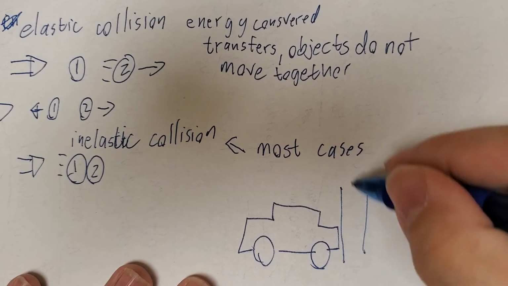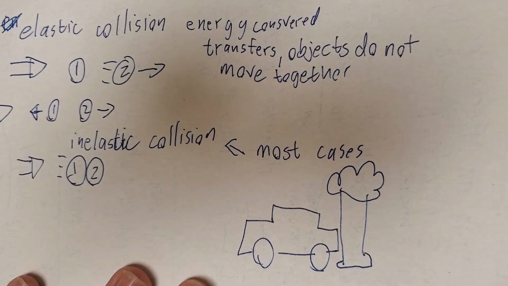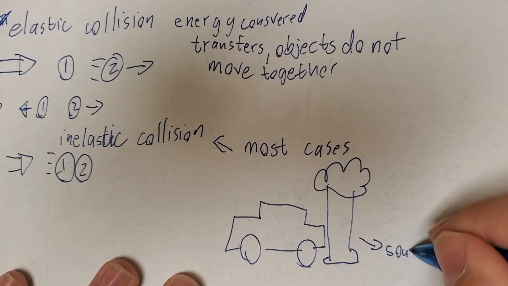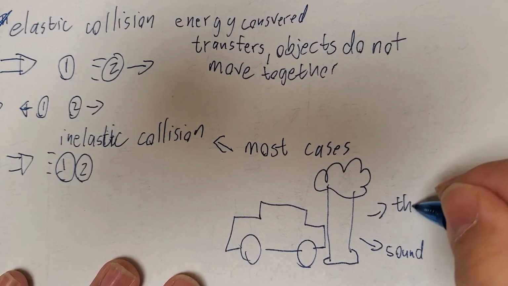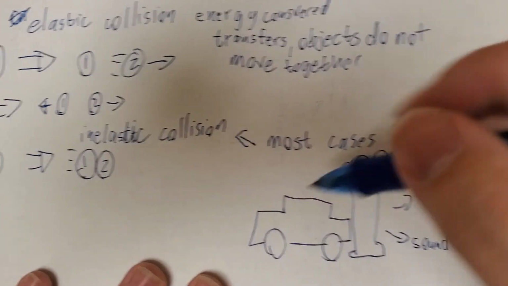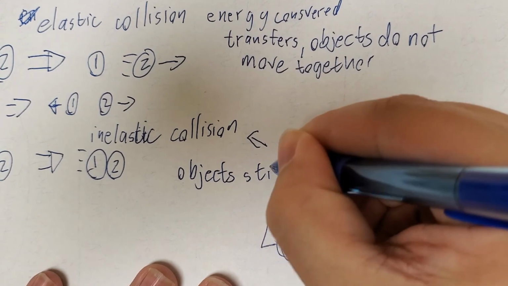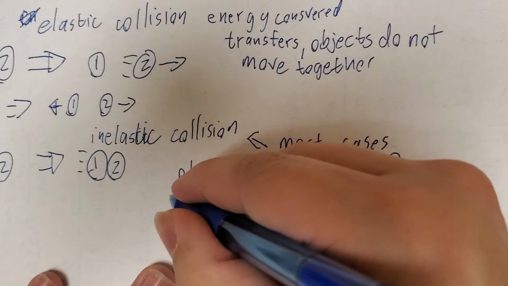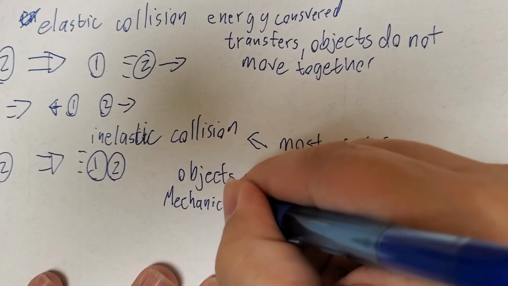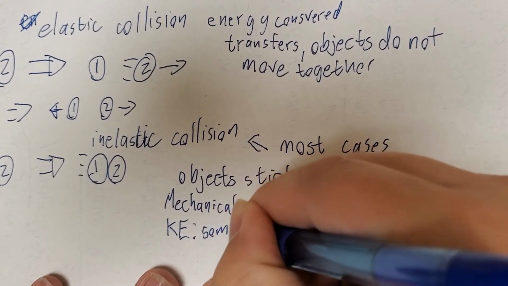And this time we've hit a big tree. The tree doesn't really move, right? So what you get instead is that sound and thermal. Okay, so in this case here, right, objects stick together, and your mechanical energy, in this case it's going to be your kinetic energy, has some transformation.